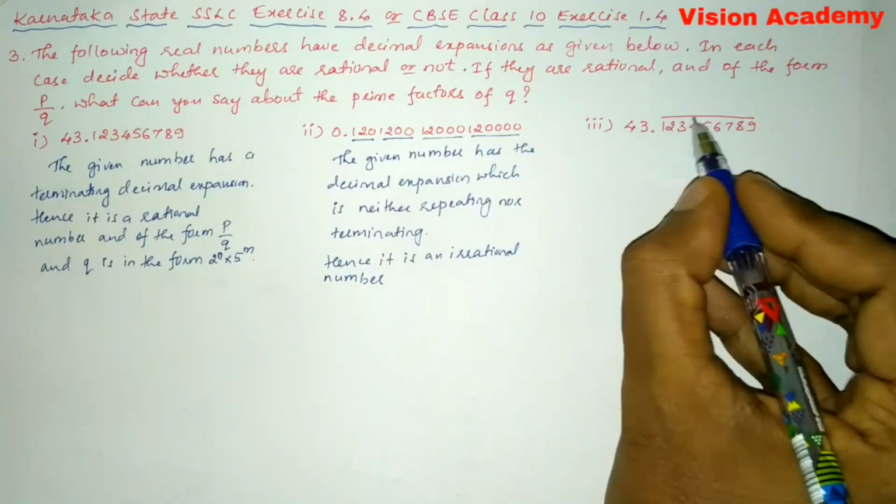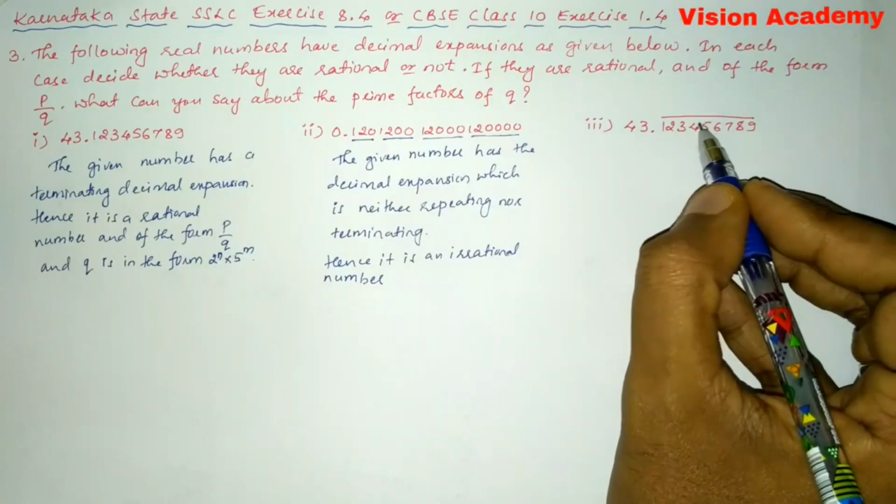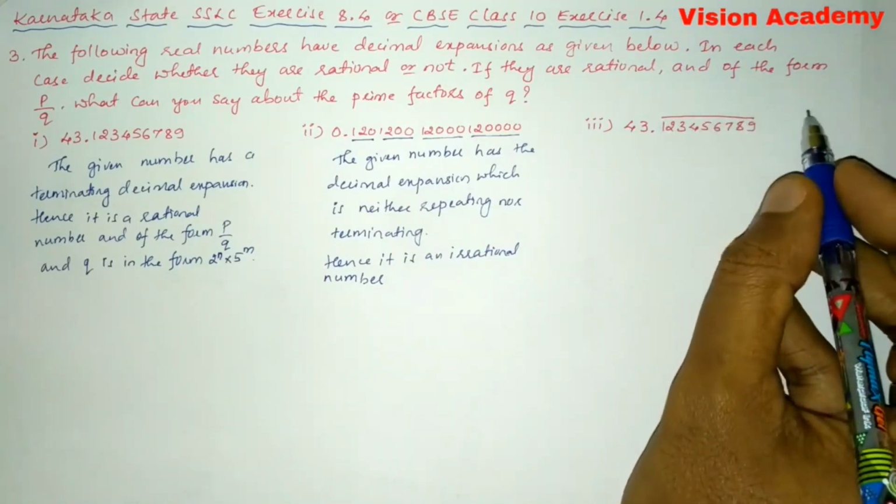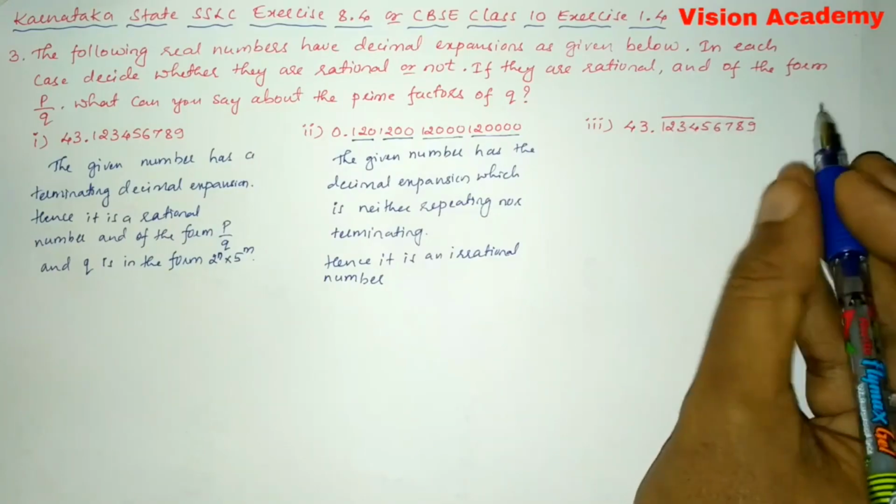Now let us move on to Roman number 3. 43.12345678 with the bar on top indicates that this is going to get repeated, it is going to get executed repeatedly and it is not going to terminate at all.